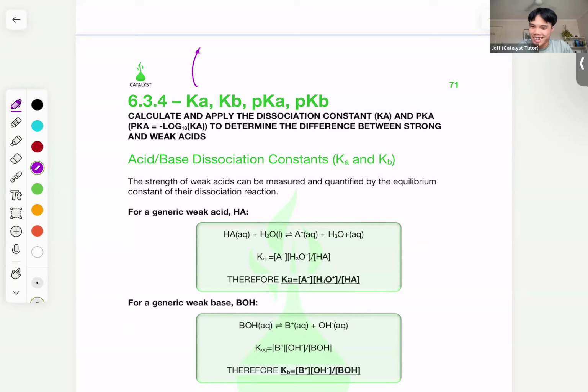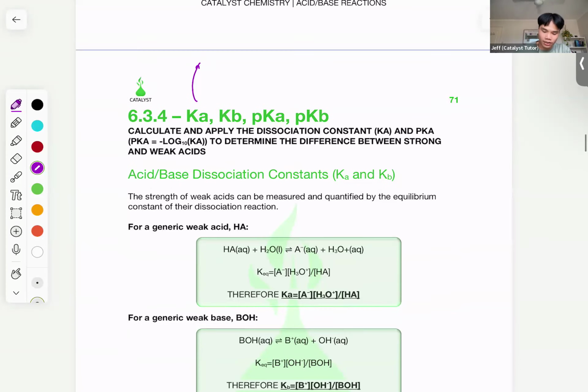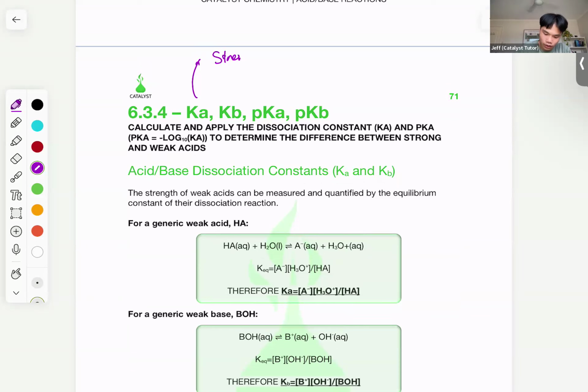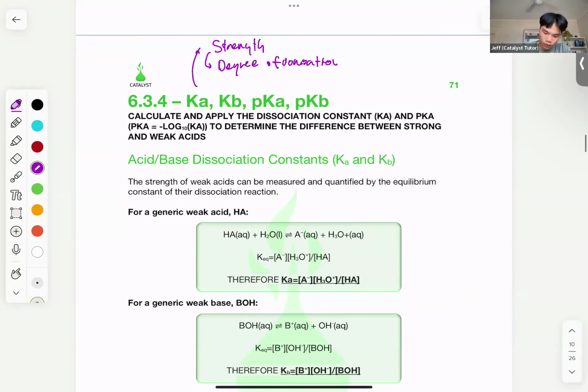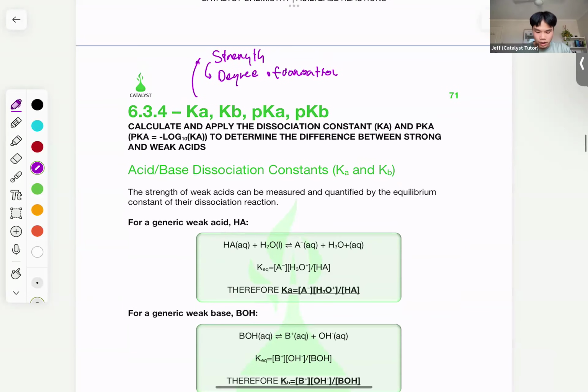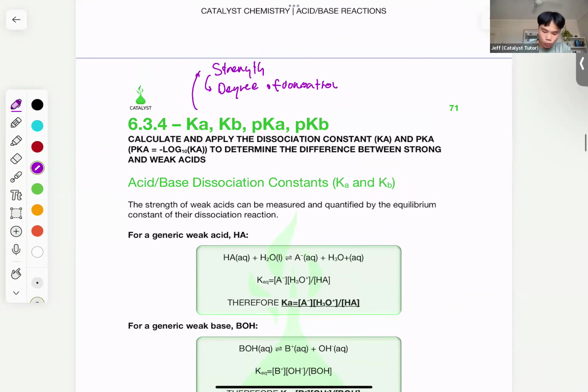Can try. Okay. So yes, this is all about strength of dissociation, how much an acid dissociates, degree of ionization. Great. And you should know for Ka, Kb, pKa, pKb, what each of those would represent.